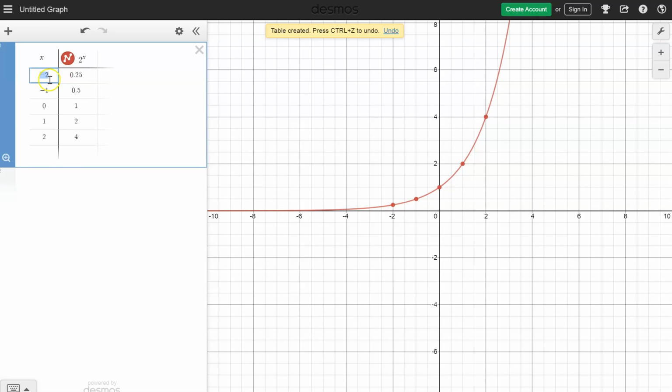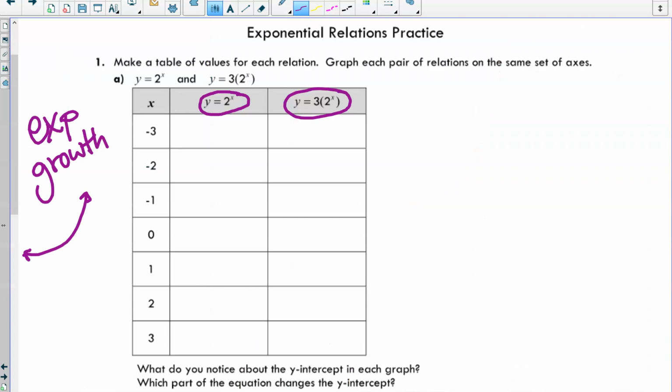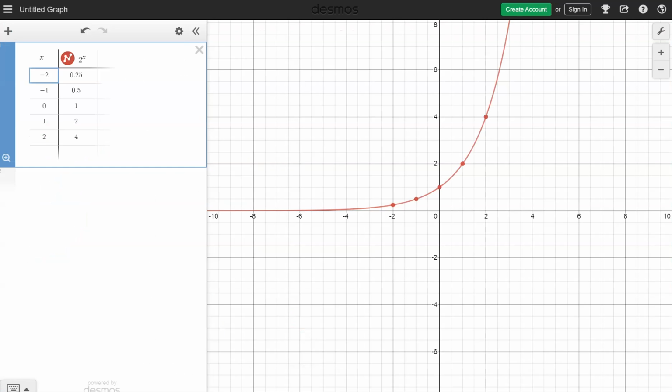Okay, so now it goes from -2 to 2. So we can go back here and fill in from -2 to 2. So this was 0.25, 0.5, anything to the power of 0 is 1, 2, 4. Now our table goes a little bit further, and that's fine.